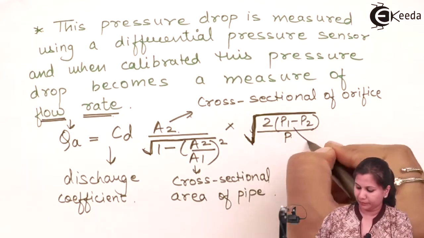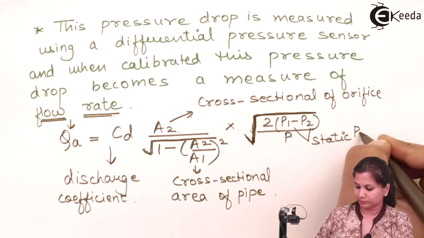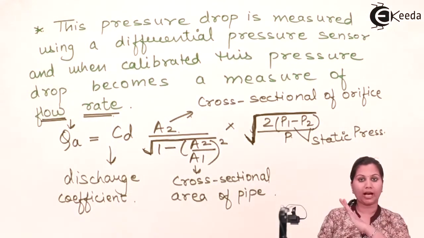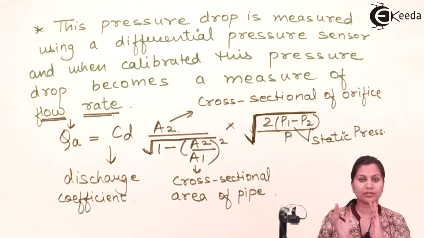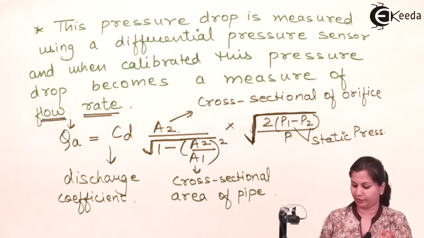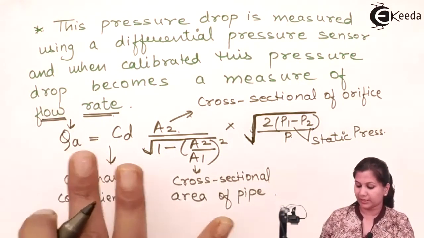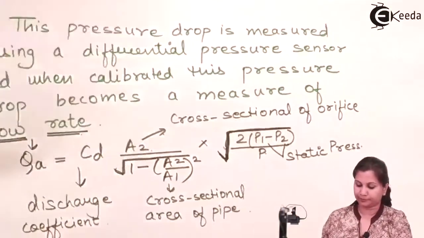And P1, P2 are the static pressures, because we are measuring the pressure before and after the orifice plate. So P1 and P2 are the two locations where we are measuring the pressure difference. So the flow rate is given by this, and you can see that it is directly proportional to the difference in the pressure.